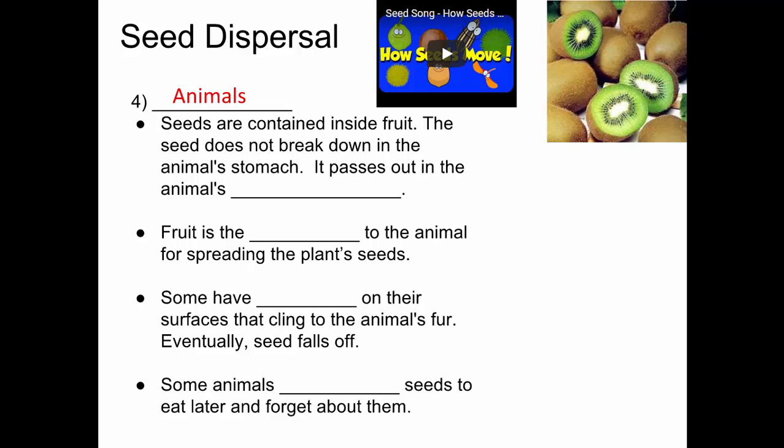Those seeds don't break down in the stomach. They pass through the digestive system of the animal, but by then it's in a different place, and those seeds are dispersed into the ground. So fruit is a reward for the animal, and it helps to disperse those seeds.